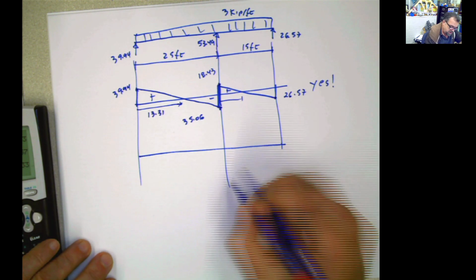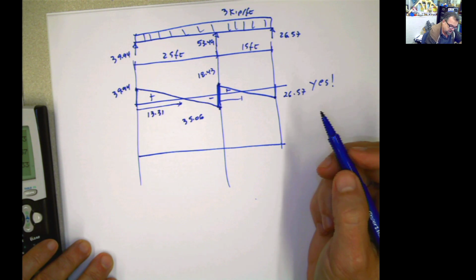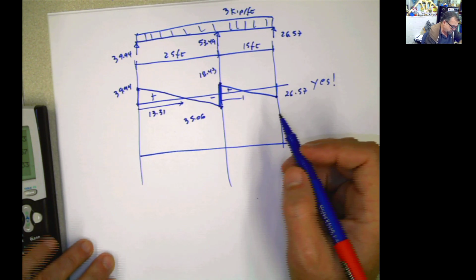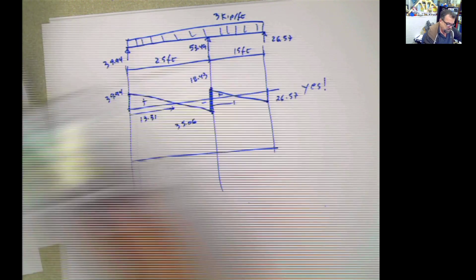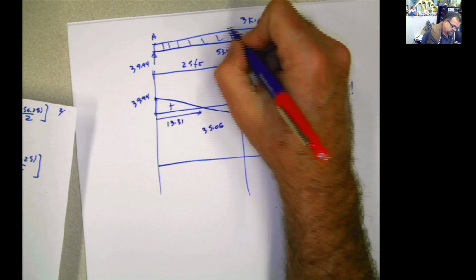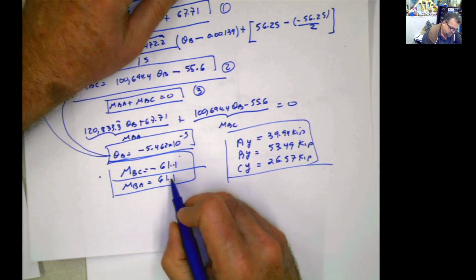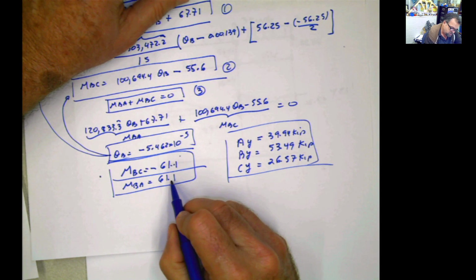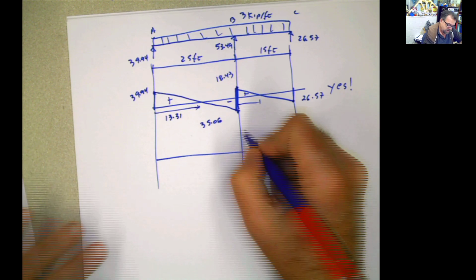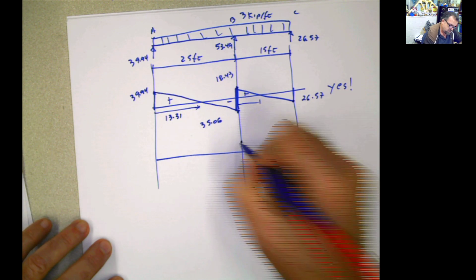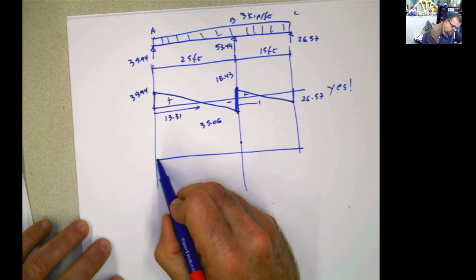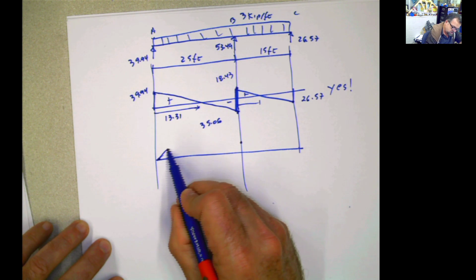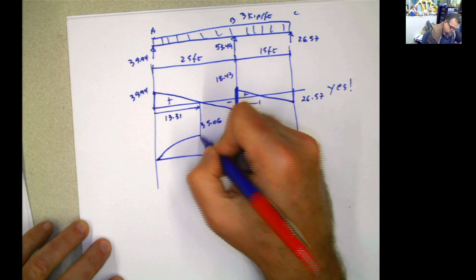Even if I don't finish, I know the shape of the diagram, by the way. I can tell you, because if you look at the moment BA, remember this is A, B, C, and this is the moment BA. The moment BA is 61.1 positive, so that means that on this side I have to end at 61.1 positive, like that.